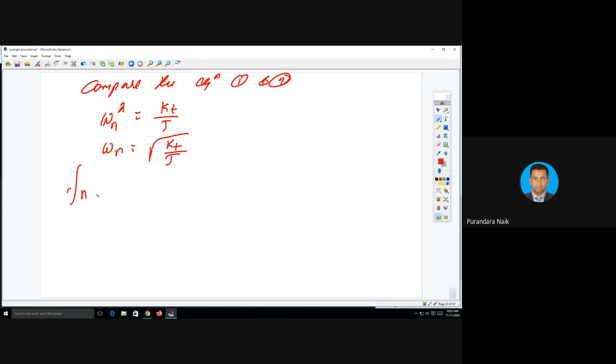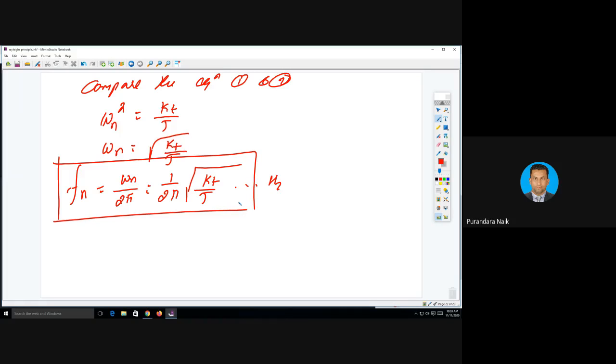Therefore, Fn, the natural frequency, is equal to omega n by 2 pi, which is 1 by 2 pi into square root of K_t by J. That is the natural frequency. So the time period Tp is equal to 1 by Fn, which is 2 pi into square root of J by K_t.